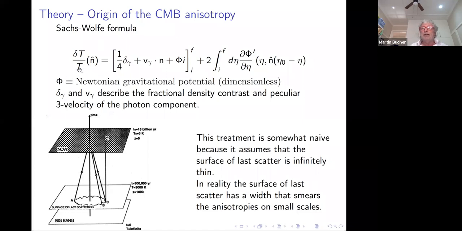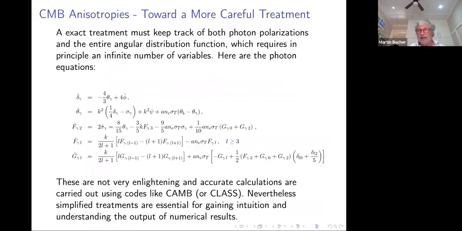So in the early 90s, we wrote codes, which is not a lot of work, where you can compute the temperature fluctuations using this formula, but you need to take into account that this is a fuzzy surface if you want to do things at the percent level.